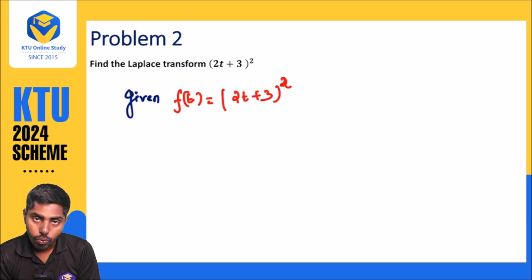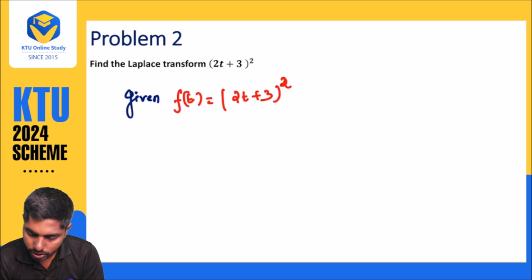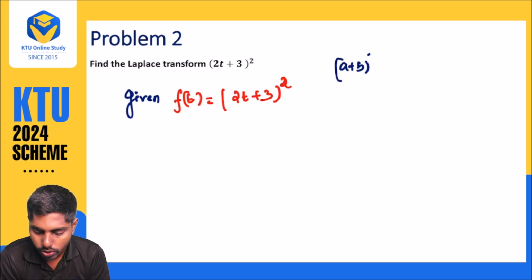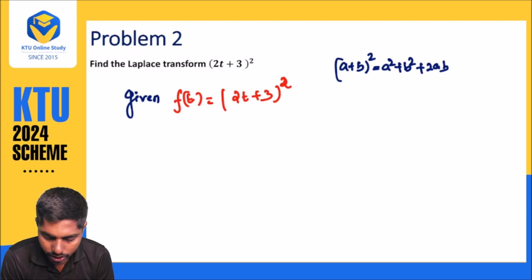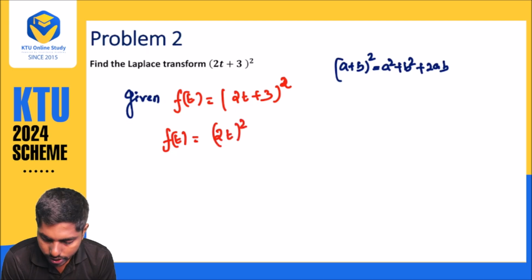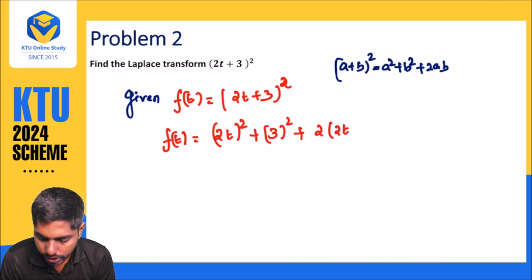Now, what is the basic thing? You know that 2t plus 3 the whole square is nothing but the a plus b the whole square formula. How do you write it? It is a square plus b square plus 2ab. That's the formula you want to use. So our f of t becomes 2t the whole square plus 3 the whole square plus 2 into 2t into 3.